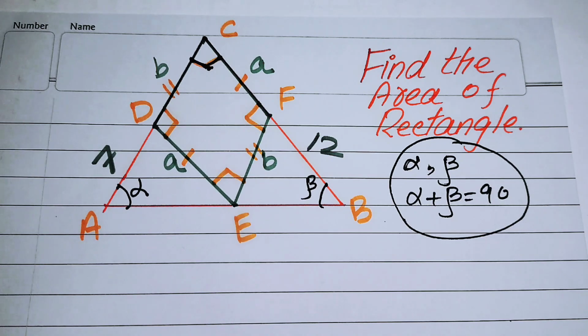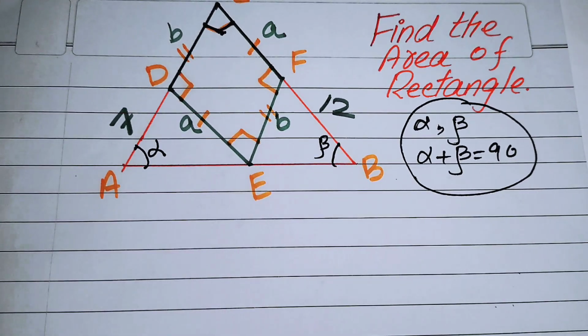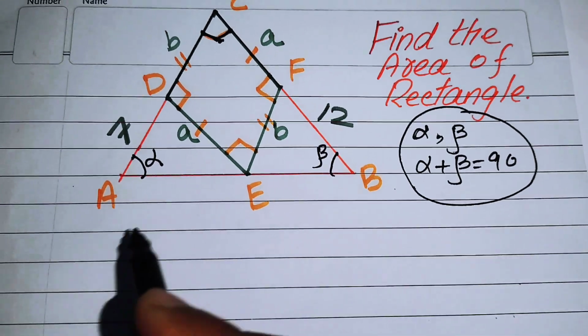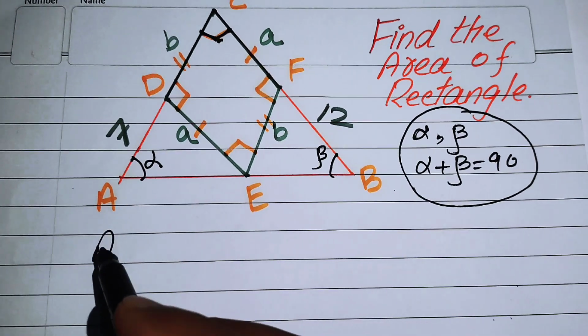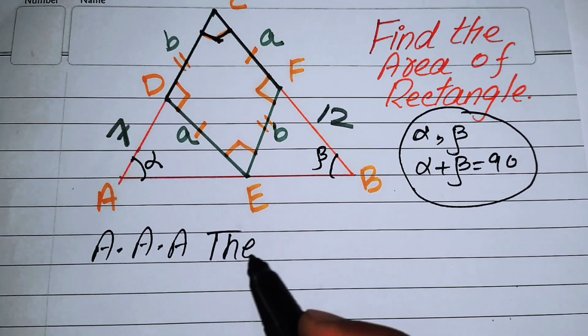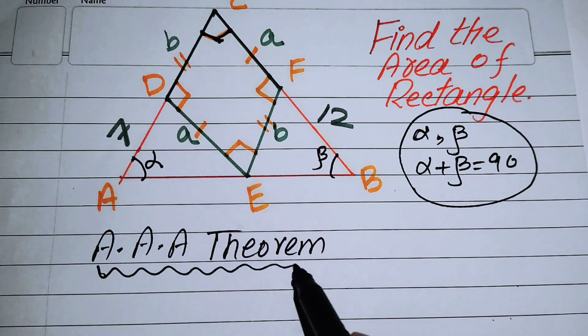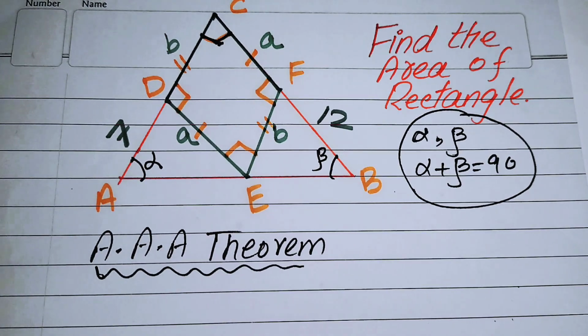In the next step we use a very famous theorem, the angle-angle theorem. This theorem tells us about the similarity of two triangles.